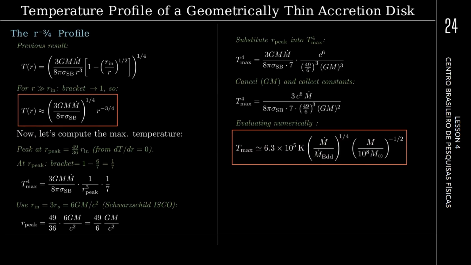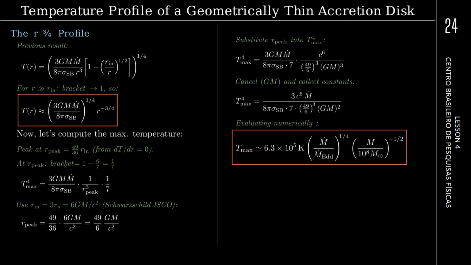What happens to the maximum temperature of the disk? It's straightforward, no? It increases. So if the accretion increases, the temperature of the disk increases.